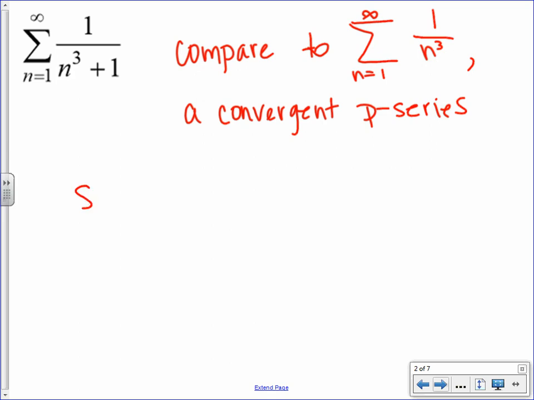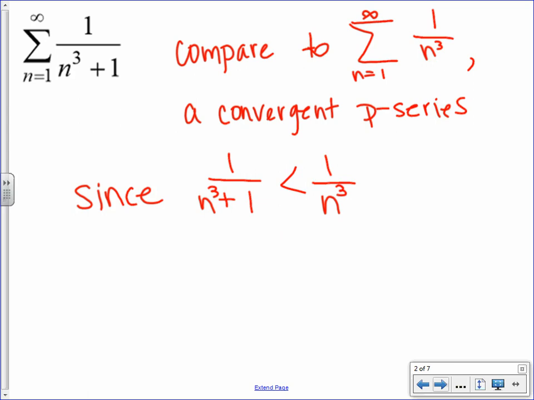Now, how does 1 over n cubed plus 1 compare to 1 over n cubed? Less than, because of the denominator. Okay, this is tricky. Since the denominator is bigger, it's actually a smaller sequence.